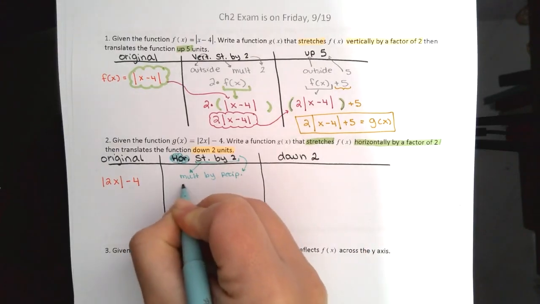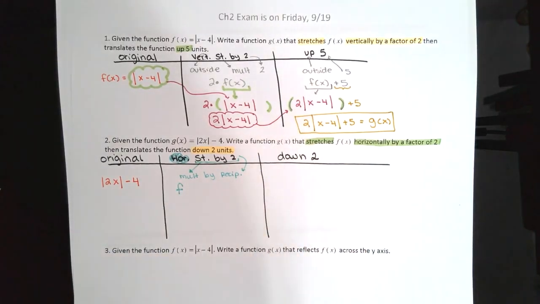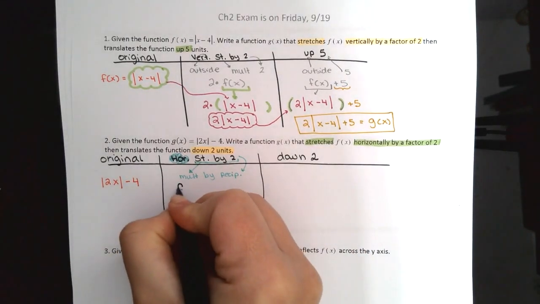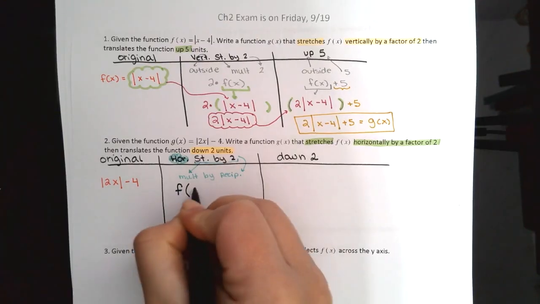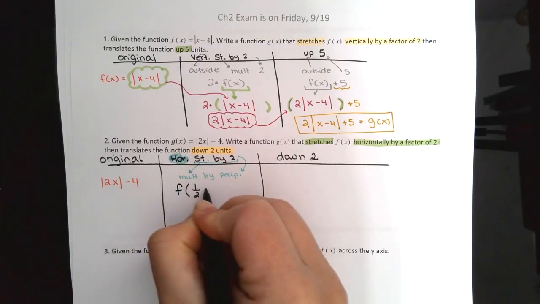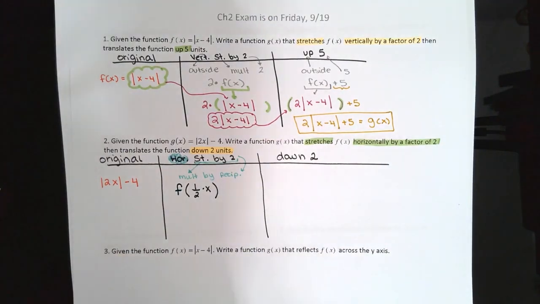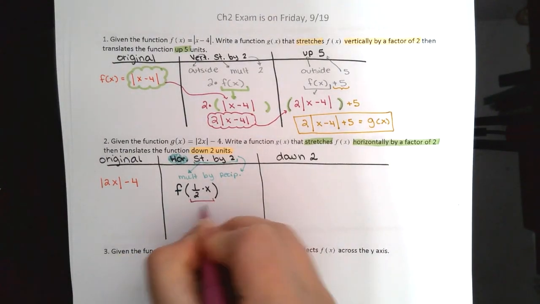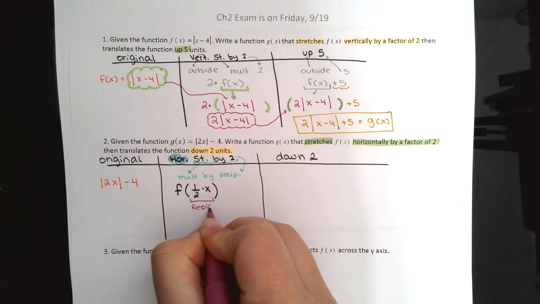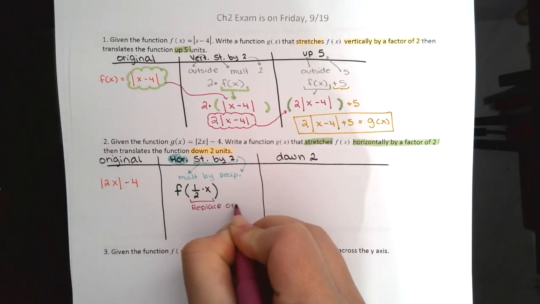So inside of my function, I'm going to have a multiplier of not 2, but 1/2 times my x. Now, anytime you have an inside change, you're going to be replacing the original x.